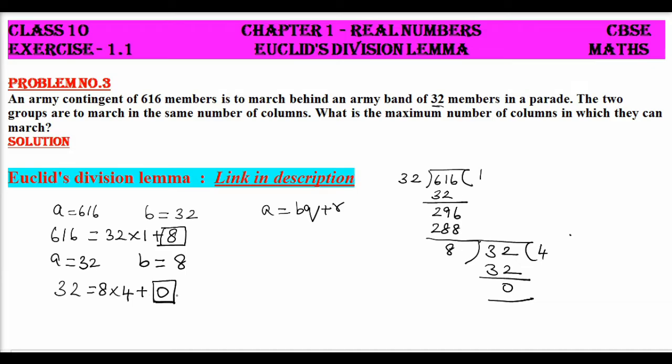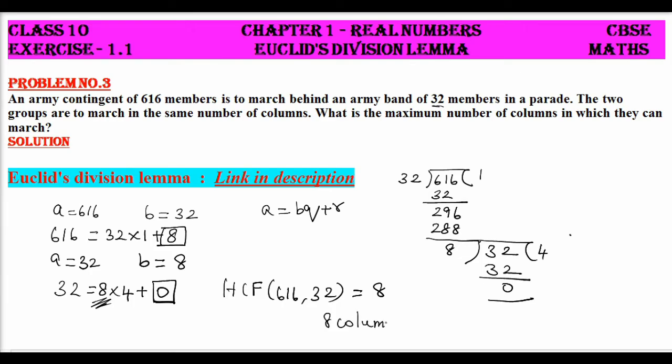So let me stop here, because Euclid's division algorithm says once we get the remainder 0, then we have got the HCF. And the HCF of 616 and 32 is the divisor at this stage, that is equal to 8. So I can arrange the members of the army contingent and the band members in 8 columns.